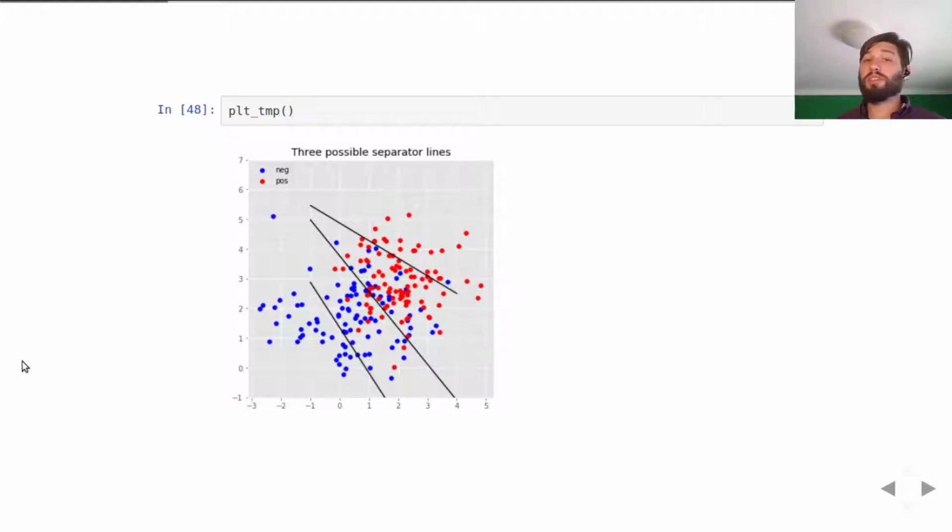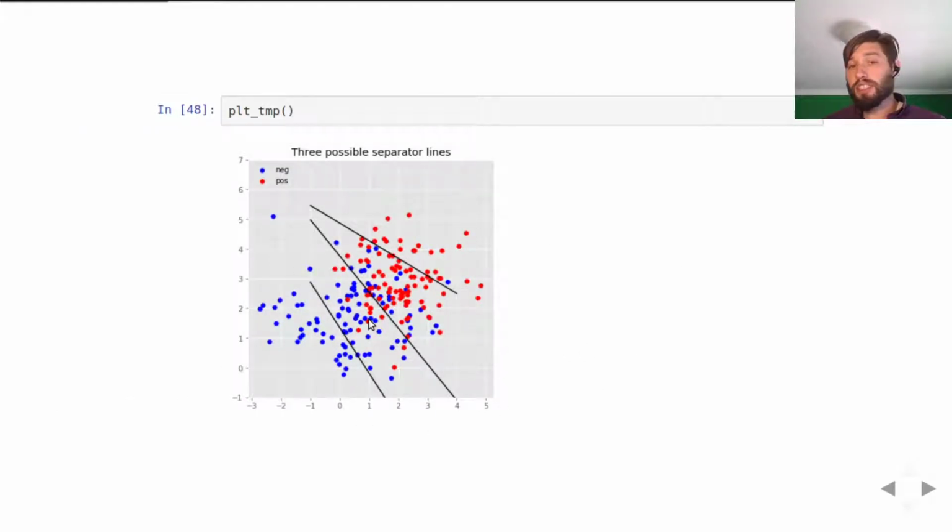If you think about what the 0, 1 loss does, if this side is predicted plus and this side is predicted minus, then it's the number of pluses on this side plus the number of minuses on this side, divided by the total number of points. That's what the empirical risk is going to be for the 0, 1 loss. And there's a lot of different lines that we could imagine using, right?